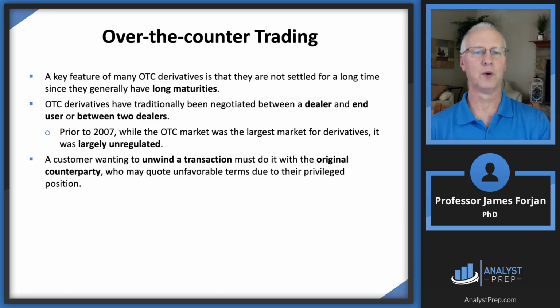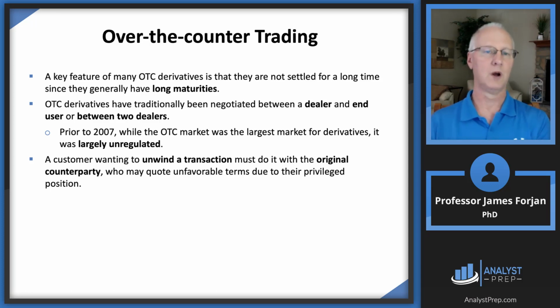Now, note the circle point there. Prior to 2007, the largest market for derivatives was largely unregulated. And so what tended to happen was that a trader would have to try to figure out who that original counterparty was, and then work his or her way back to that original counterparty to unwind the transaction.